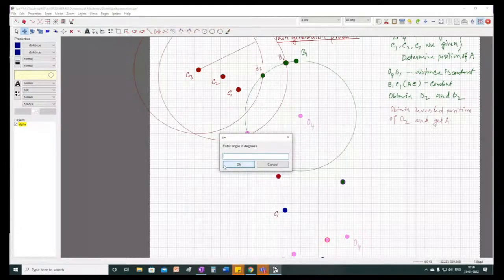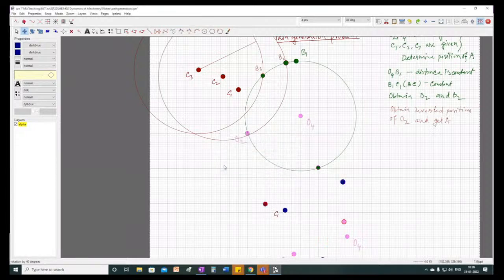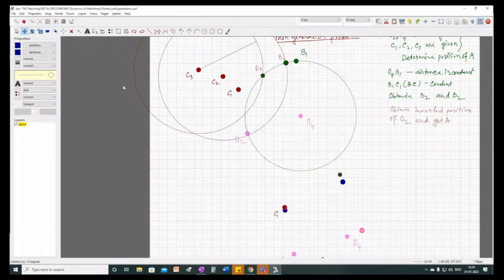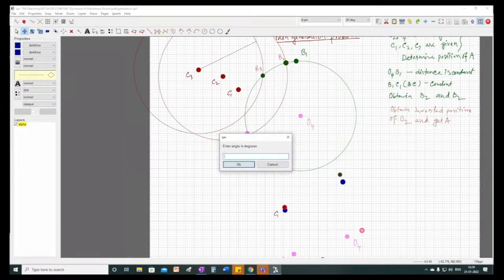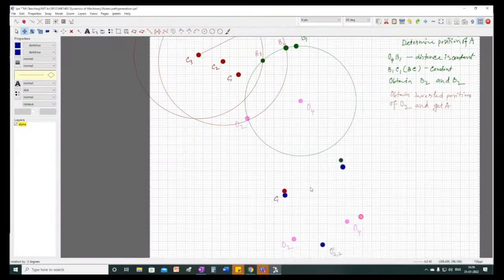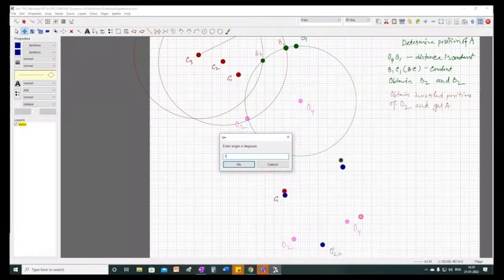Let's rotate it by, let's say, 40 degree. I don't know, but I am rotating it 40 degree. Not good. I have to rotate it back by, let's say, 4 degree. Still not good. Rotate it back by another 2 degree. So let us rotate another by 1 degree.